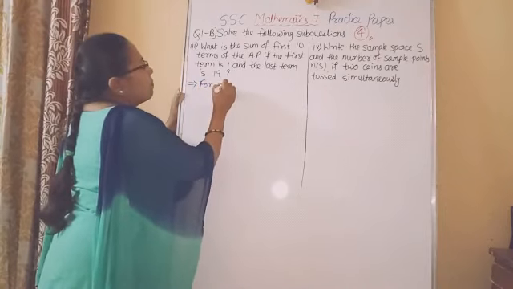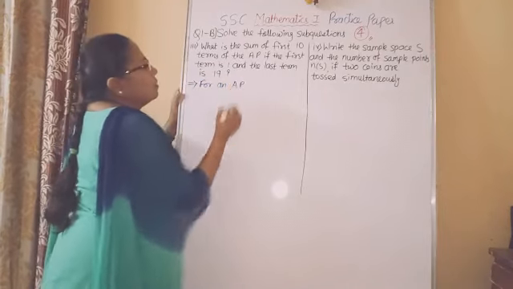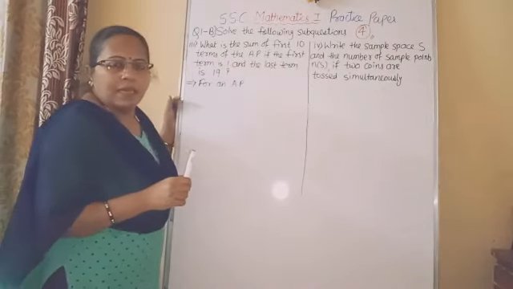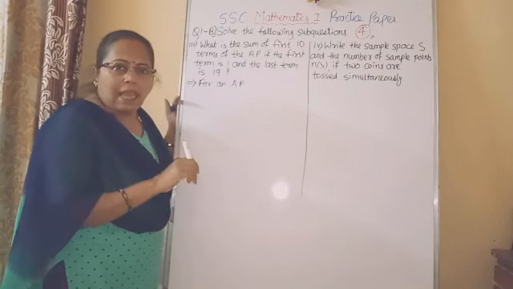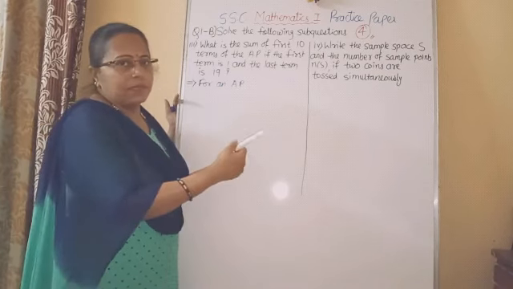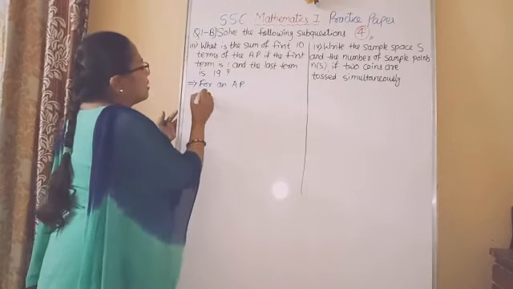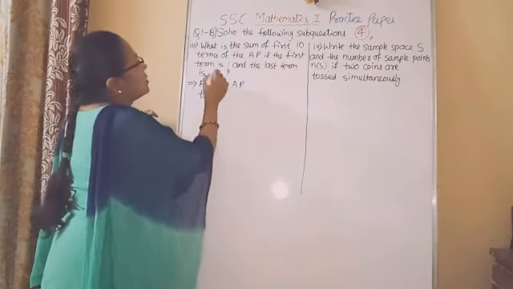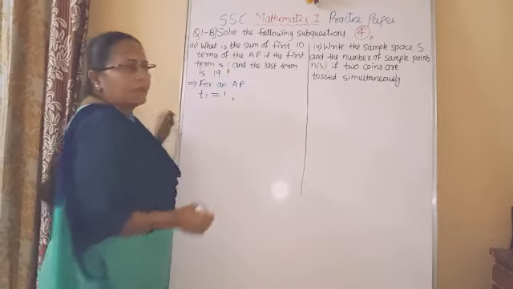For an AP, first term is given. The first term of the AP is written as A or T1. So here in this question we will use T1. So T1 is given 1.